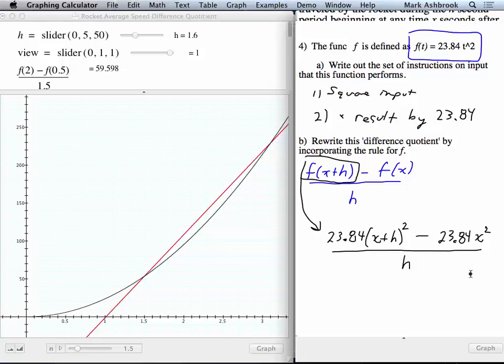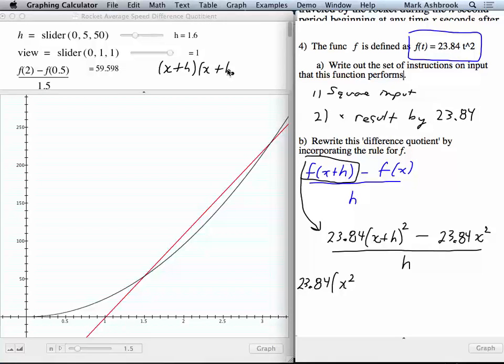Okay, so now those who love algebra, your moment has come. Your time has come. We're going to expand this out and see if we can simplify this. Okay, x plus h quantity squared. Is it x squared plus h squared? You all should have had this in a previous course.